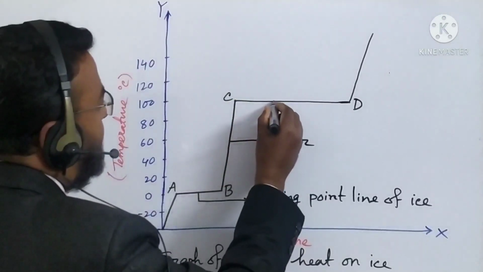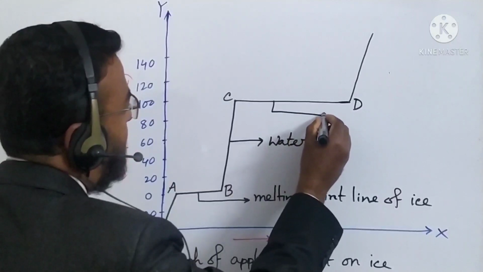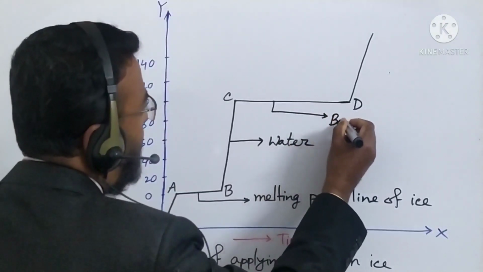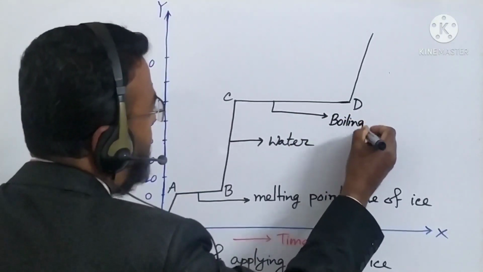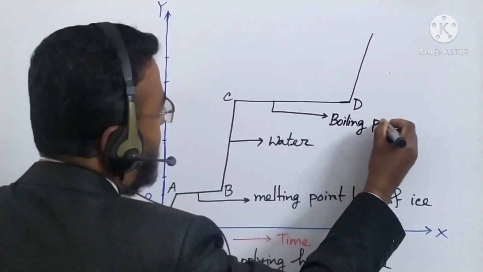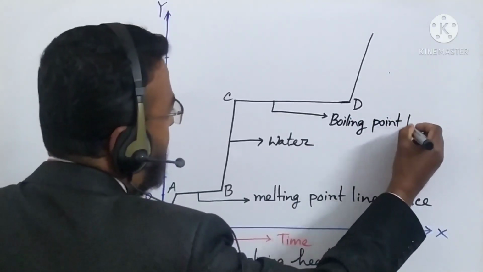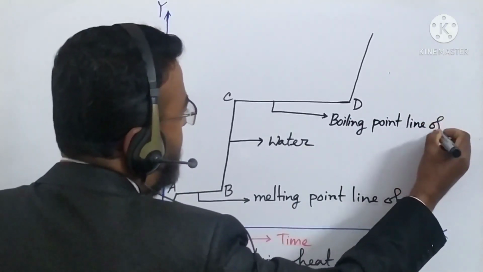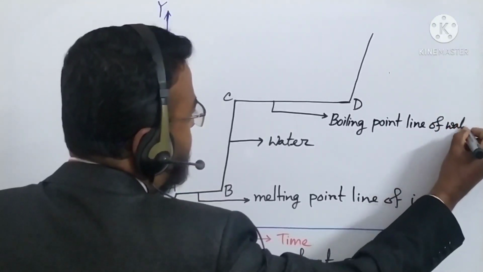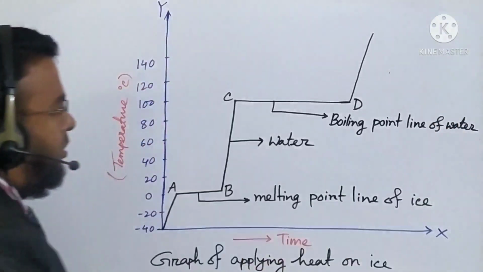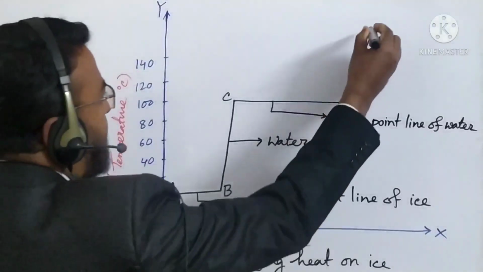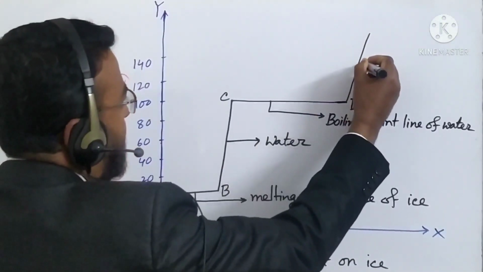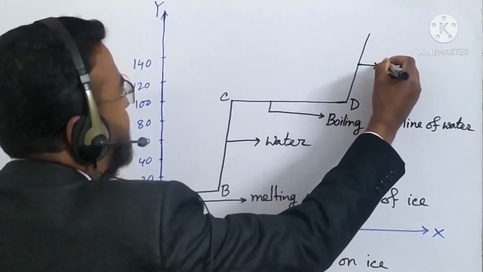So CD, it is boiling point line of water. And from D upward, it is vapor, water vapor.